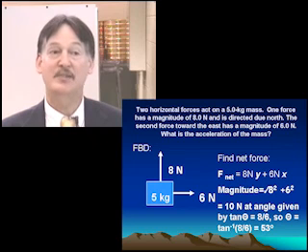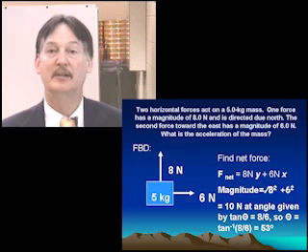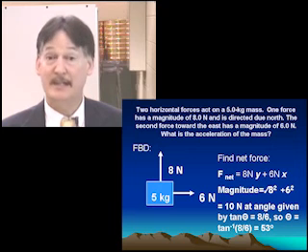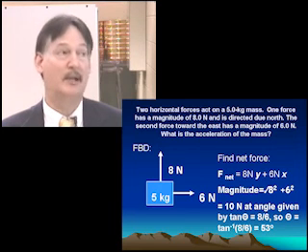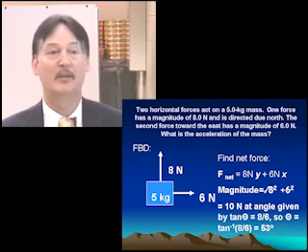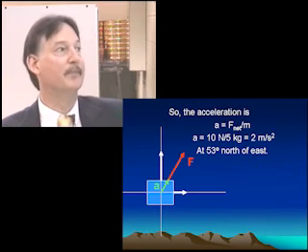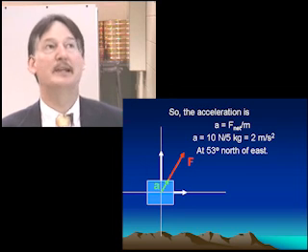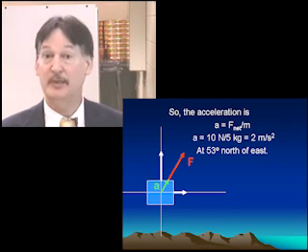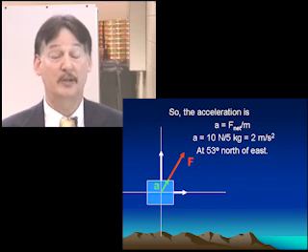So a 10 newton force acting at an angle sort of upward and to the right at a 53-degree angle is the same as a force of 6 pulling to the right and a force of 8 pulling vertically. So we know we have a 10 newton force applied to a 5 kilogram mass, which will result in an acceleration of 2 meters per second squared.